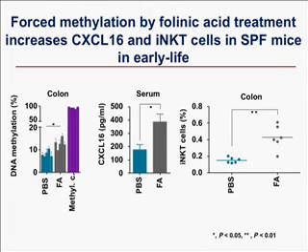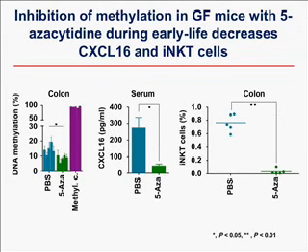And it's interesting because folic acid in the last trimester has been suggested, controversially, to be a risk factor for asthma in certain individuals. There are studies for and against it. So again, are there other environmental factors that are cooperating with the microbes to do this? And similarly, we could give 5-azacitidine to the germ-free rodents and suppress this, and inhibit the CXCL16 and inhibit the invariant NKT cell infiltration.